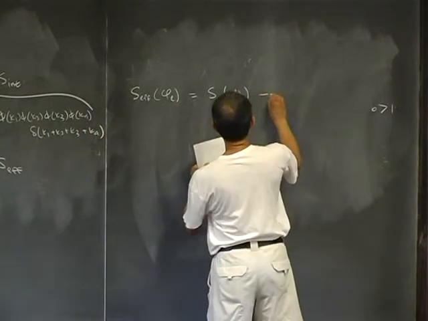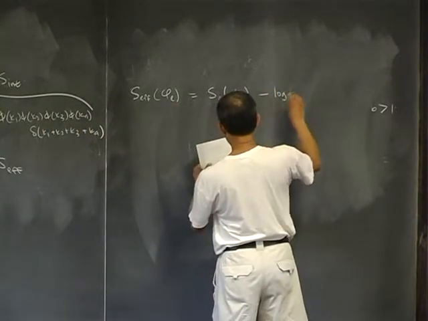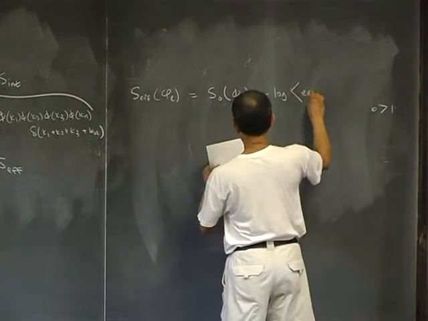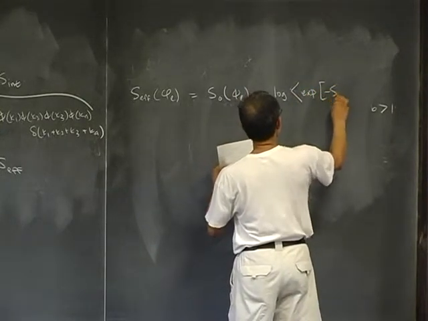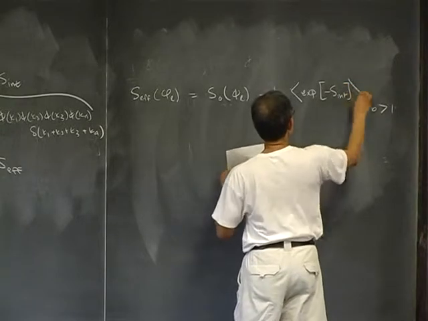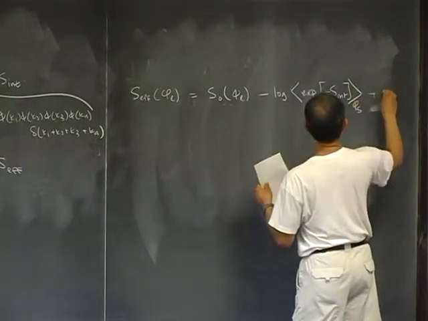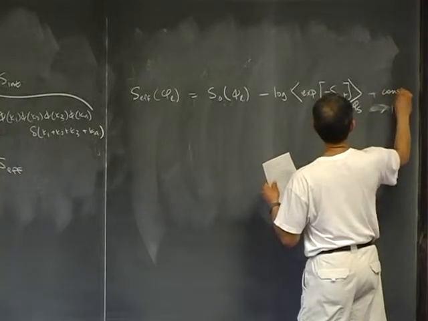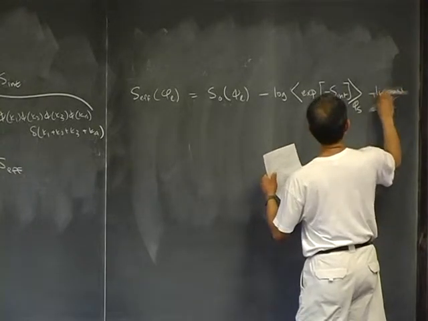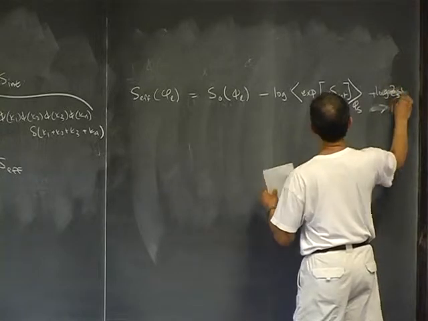And then a log of, plus a constant which actually turns out to be log of the partition function of the short wavelength modes.